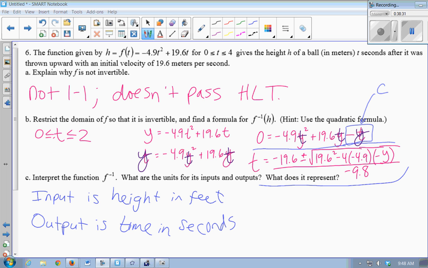Yeah, so this is one of the things that I find particularly confusing about inverse functions. When you're just dealing in abstract x's and y's, we typically call x the input and y the output. So when we find an inverse function, we just rename the thing that used to be the output y, we rename it x because now it's an input to a different function.